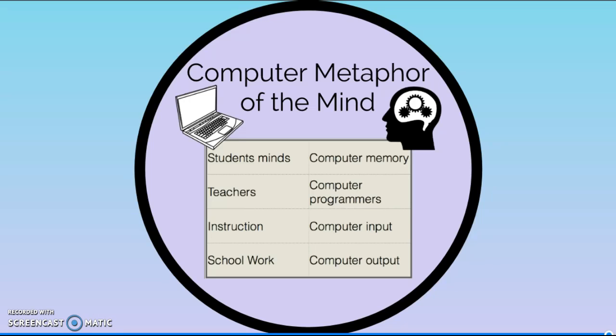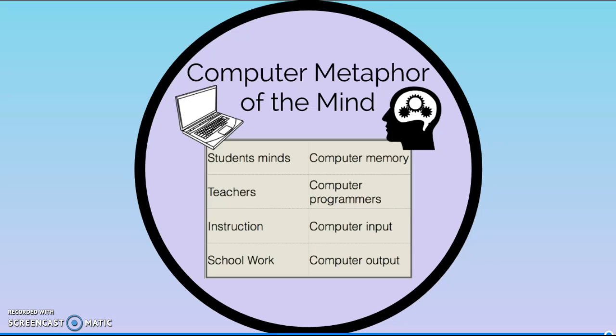An example of the computer metaphor of the mind in the school setting is portrayed in this chart. Students' minds represent computer memory. They have stored information. The teachers represent the computer program. A computer program possesses a collection of instructions to perform tasks.